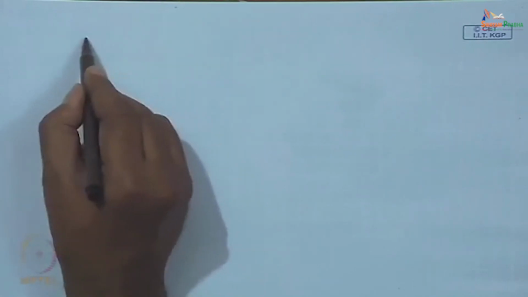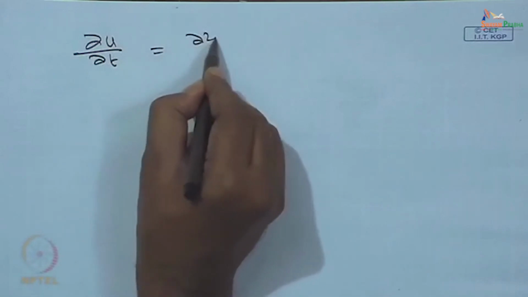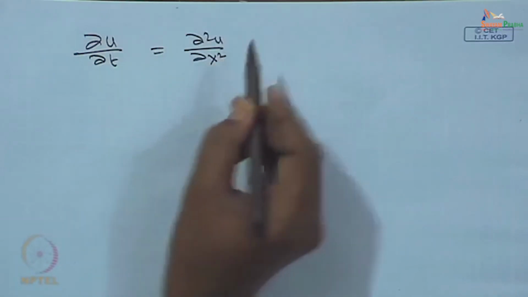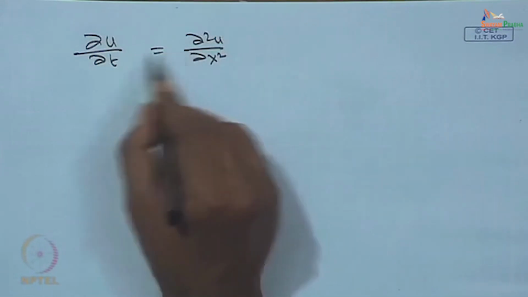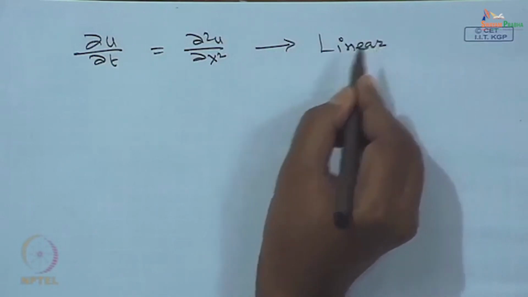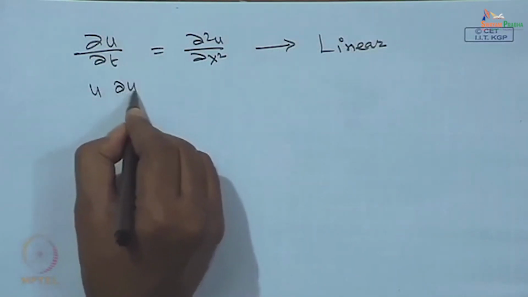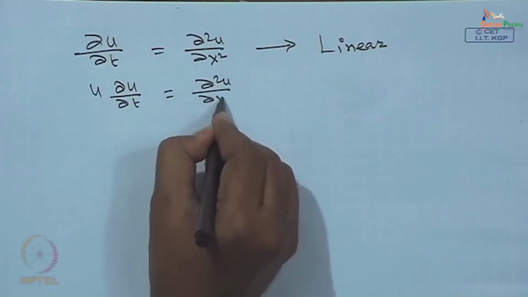We will take up some examples. Del u del t is equal to del square u del x square. It has order 2 but power 1, and there is no product term present. So, this is a linear PDE. Next, u del u del t is equal to del square u del x square.